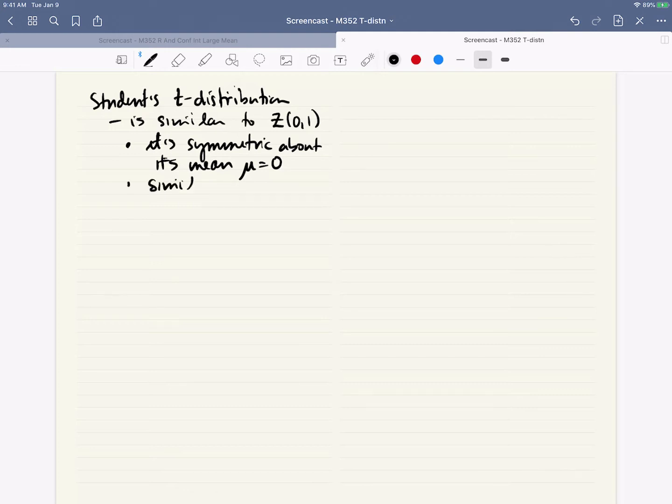And it has a similar single hump shape. Right? When I sketch the student t-distribution and when I sketch the normal distribution, they're going to look the same. The differences are very, very subtle.